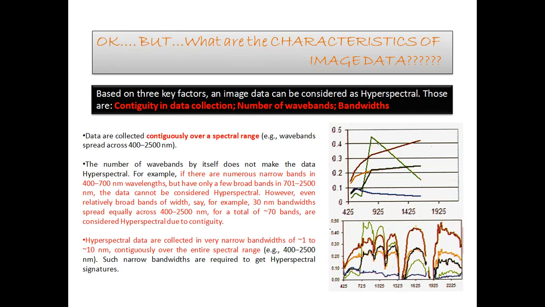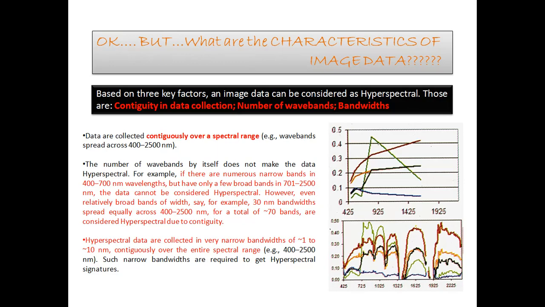But on the other hand, from 701 to 2500 nanometer, this width contains broad bands. This kind of discrepancy should not be there, and this kind of combination cannot form a hyperspectral image data.